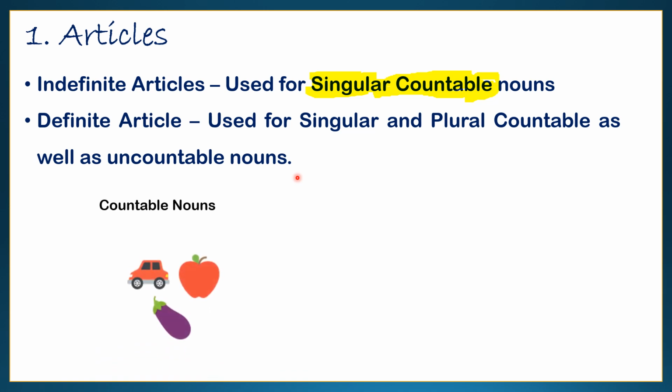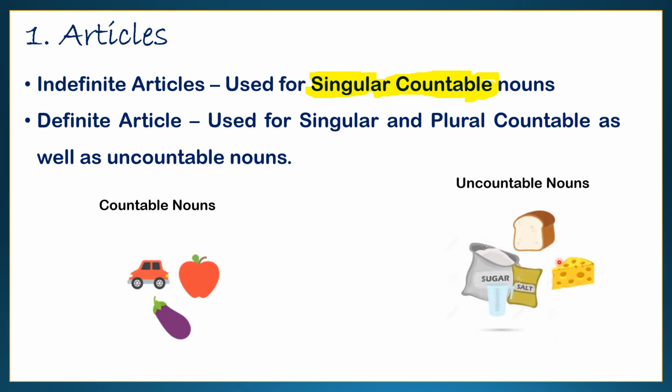So here is a picture for us to get a clear idea. Countable nouns are things which we can count as 1, 2, 3, whereas uncountable, we can weigh them, we can find out their measurement, but we cannot count them, like sand, sugar, salt, water. These things cannot be counted, but they can be measured.